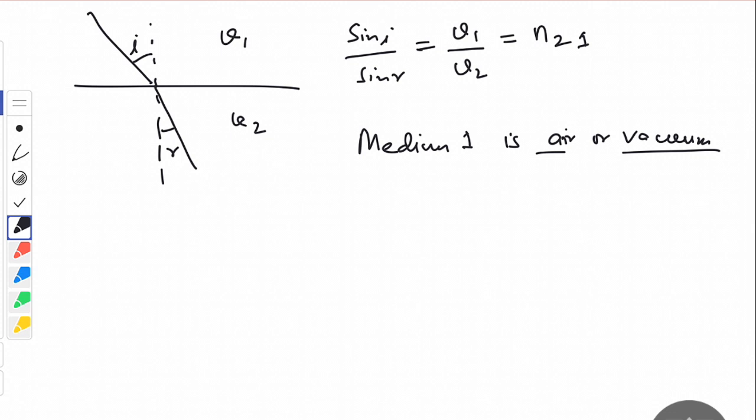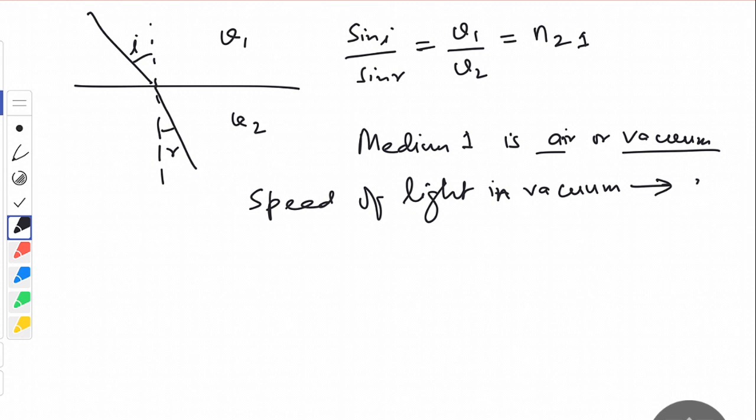The speed of light in vacuum is a fixed number, and we give it a name. We normally use the symbol C for that, and C is equal to 3 into 10 to the power 8 meters per second.